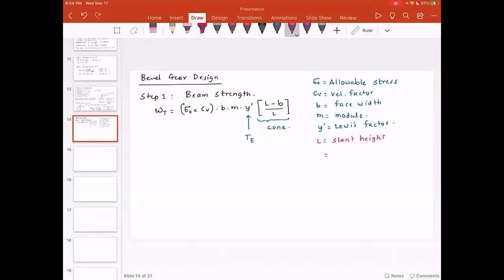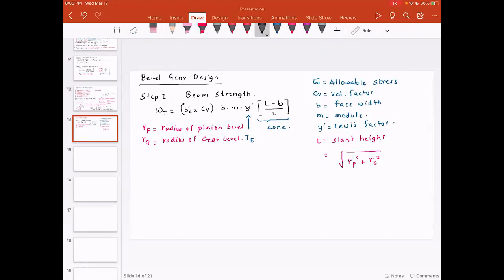That slant height is nothing but the square root of radius of pinion square plus radius of gear square, because we are going to use the Pythagorean theorem, and that gives me the value of L. So where RP is the radius of pinion bevel, RG is the radius of gear bevel.